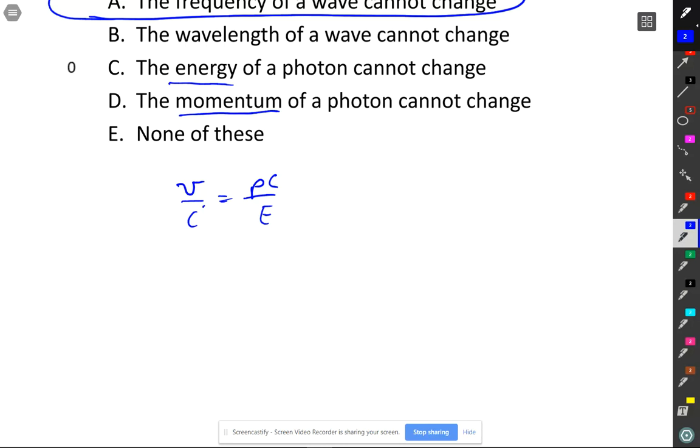So if that's true, then I should have the momentum of a photon equal to VE over C squared. Now, what's the speed of a photon? Assume we're in vacuum. Speed of light. Yeah, speed of light.